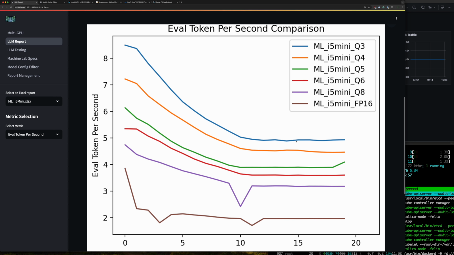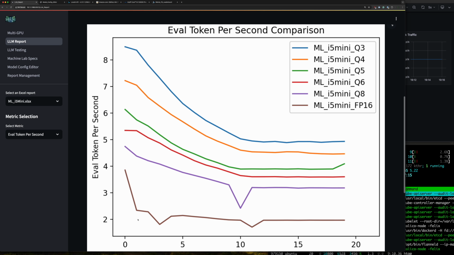The purple, which is the Q8, looks like it was hovering at about 3.5 tokens per second, followed by the Q6 in red above that, right at 4 or just below 4 tokens per second, and the Q5 green right with the Q6, and then we have the Q4 and the Q3.